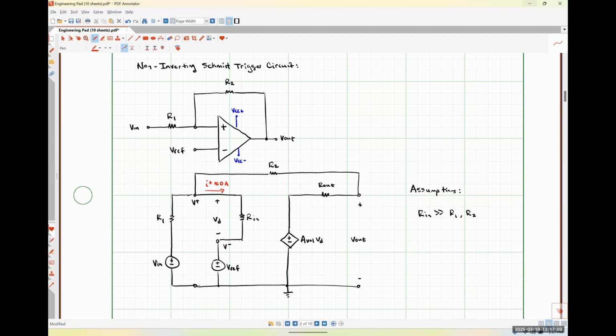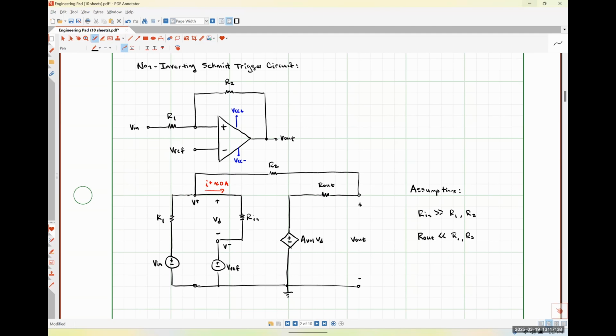The other assumption that I'm going to make, and this one isn't nearly as important because we don't have a load resistance connected or anything like that, is that Rout is going to be much, much less than R1 and R2. So essentially what I am saying here with these two assumptions is that we're going to use kilo-ohm size resistors for R1 and R2 because they are in that sweet spot where they are significantly smaller than Rn, but significantly larger than Rout.